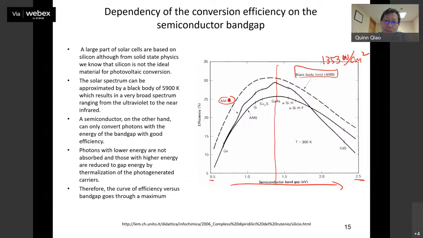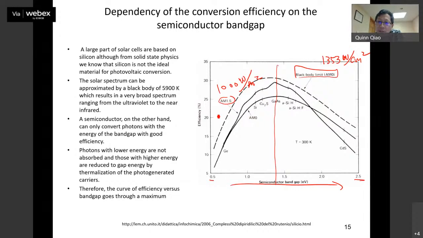When you get to AM1.5, it will be about 1000 watts per meter squared. Okay, let's not worry about AM0, it's just above the atmosphere. What we care about is AM1.5.